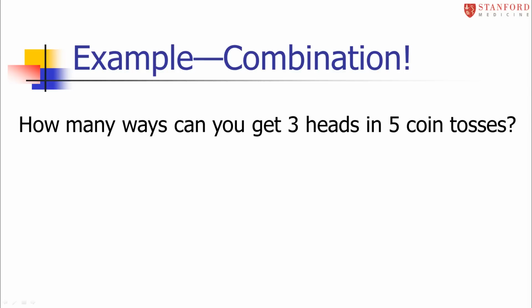Here's another combination example. Now this one is actually slightly tricky, but see if you can get your mind around it. So if I said, how many ways can you get 3 heads in 5 coin tosses? You may not immediately see that as a choosing problem, as a combination. But think about it this way.